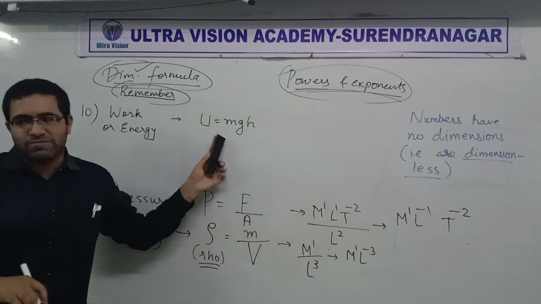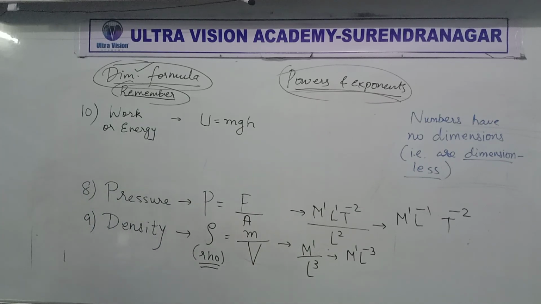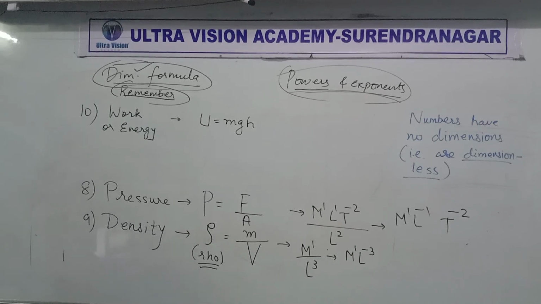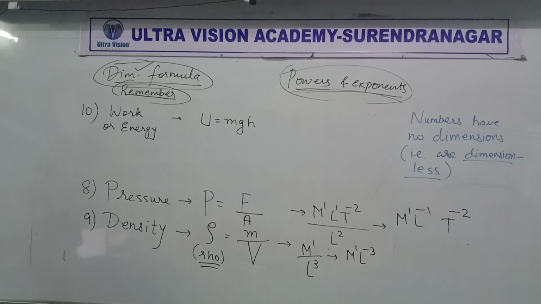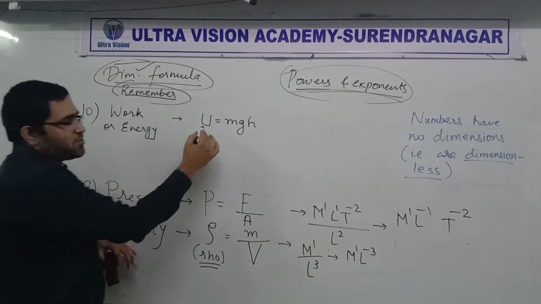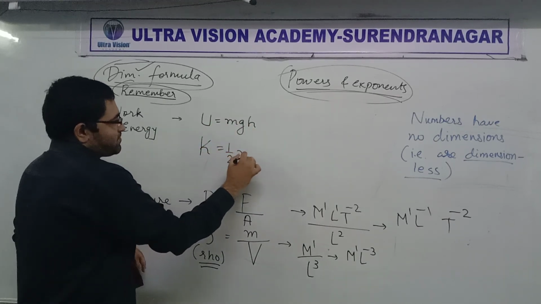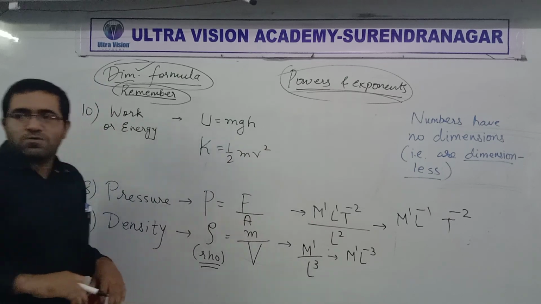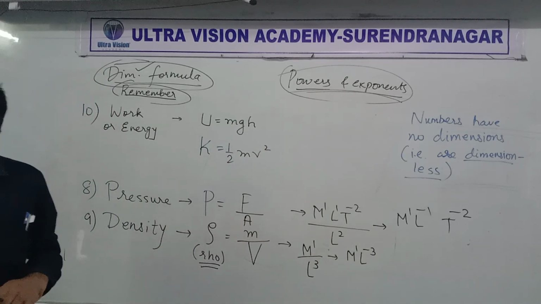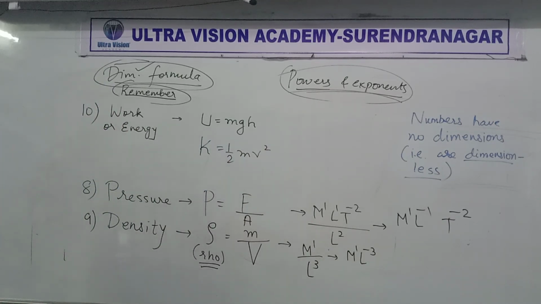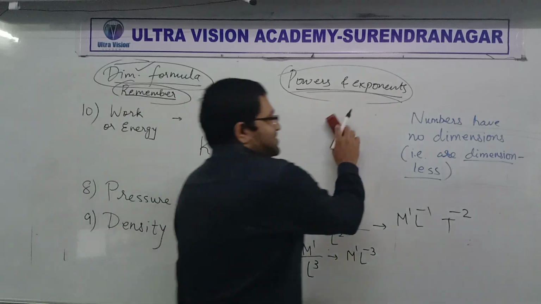Do you know this formula, everyone? No, you don't know U equal to mgh? That's a little bit strange. Okay, no problem. Those who don't know this formula can do it by this one: K equal to half mv squared.